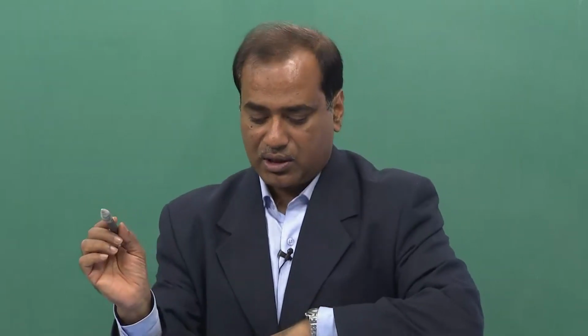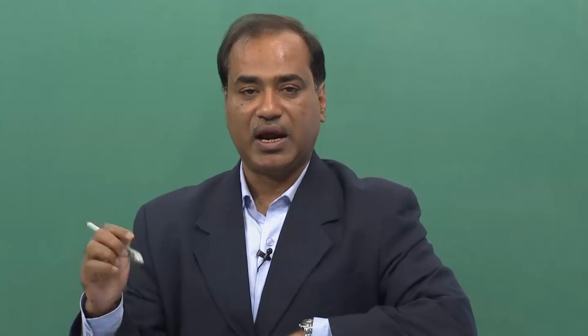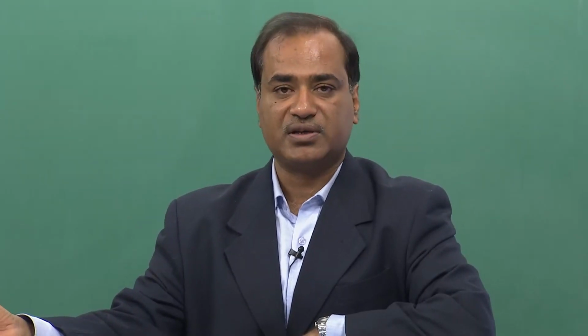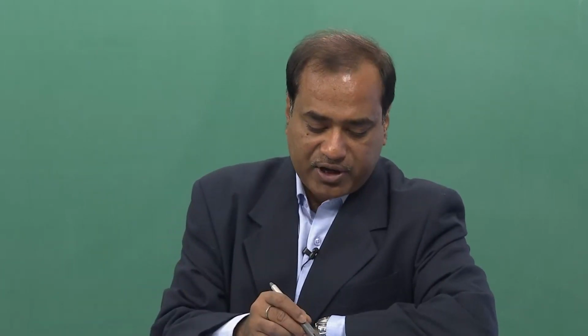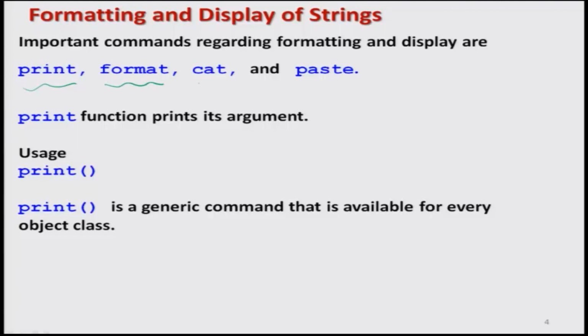So, we are going to discuss all those aspects over here, and for that we have several commands which are used for getting the final outcome in different ways depending on the needs of the situations. One command is print, second is format, third is cat, and another we are going to discuss is paste.